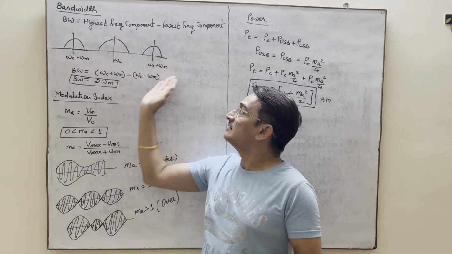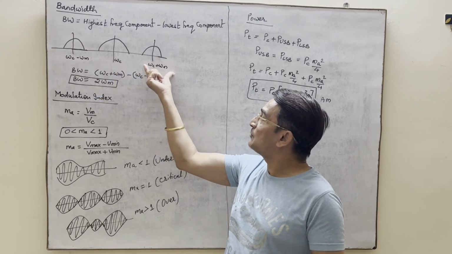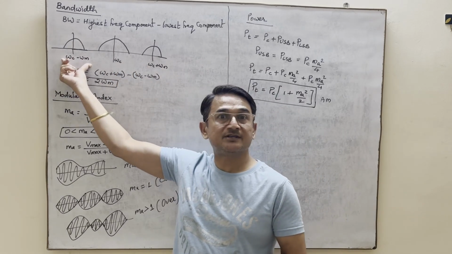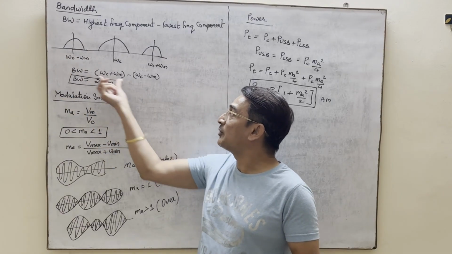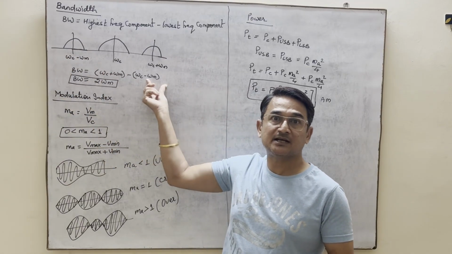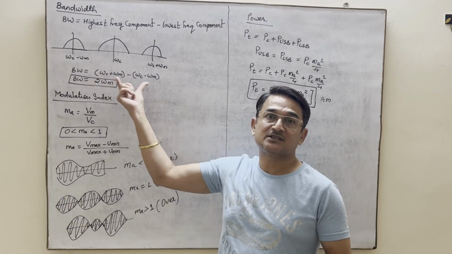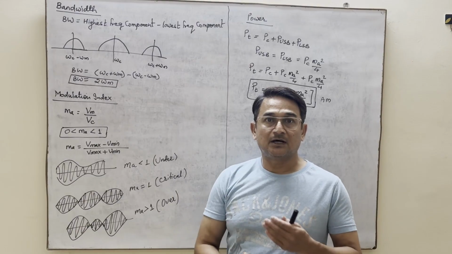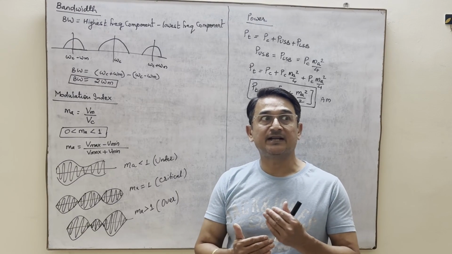In this frequency spectrum of the amplitude modulated signal, the highest frequency component is omega c plus omega m and the lowest frequency component is omega c minus omega m. So what would be the bandwidth? Bandwidth would be omega c plus omega m minus omega c minus omega m, which comes out to be twice omega m. So the bandwidth is twice the frequency of the modulating signal.